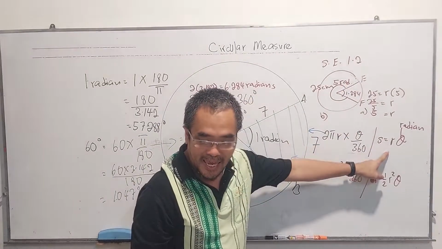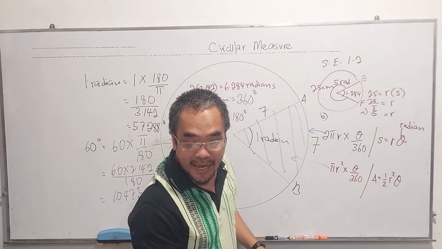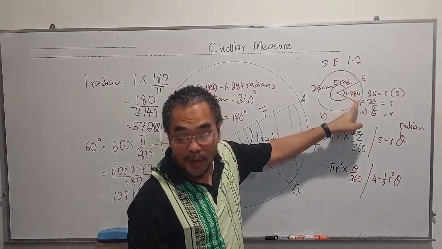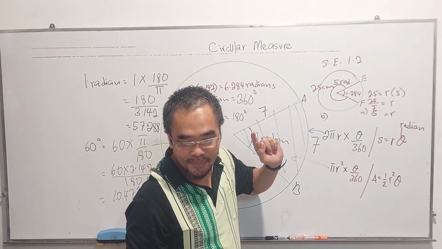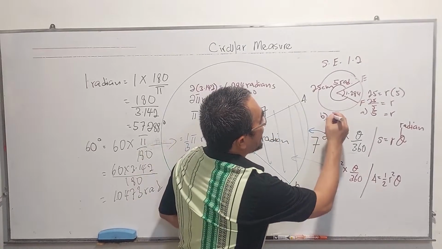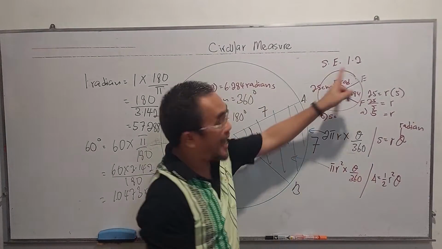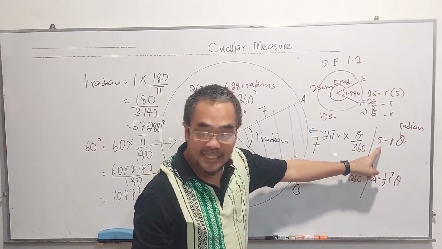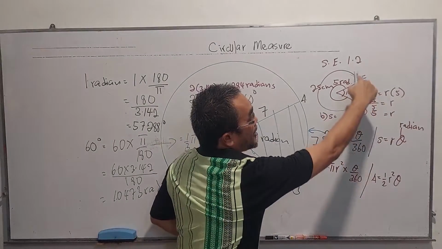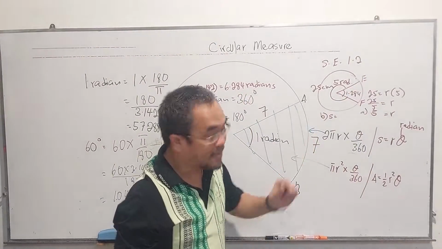So use this formula again, but now the angle is 1.284. S is the length of arc. We want to know the length of the small arc.